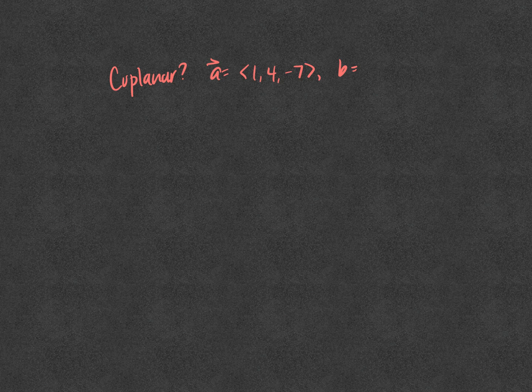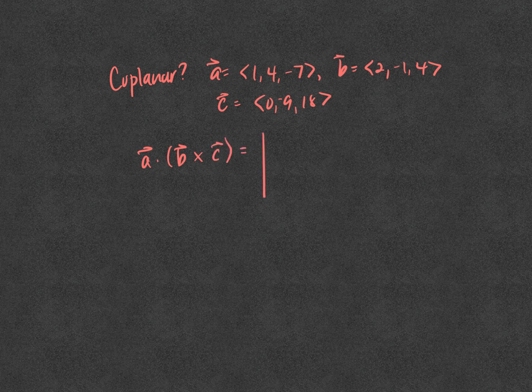B is 2, -1, 4. And C is 0, -9, 18. So if they're coplanar, their triple product is 0. And if they're not coplanar, their triple product has a value. So let's find the triple product.